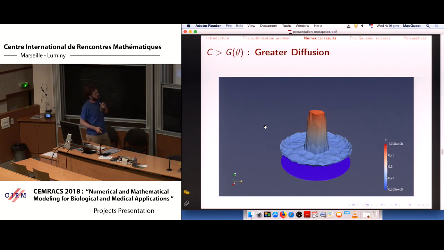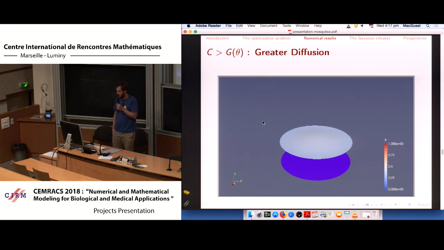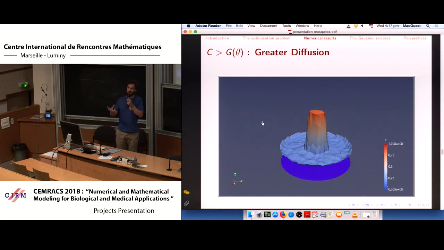It's a lot more present, and you can see that the diffusion is very strong. So it just disappears eventually, and it behaves more or less like a constant solution. But it does tell you that if you have a very high diffusion, you can release everything in one spot, and then they spread out, and then they all increase.